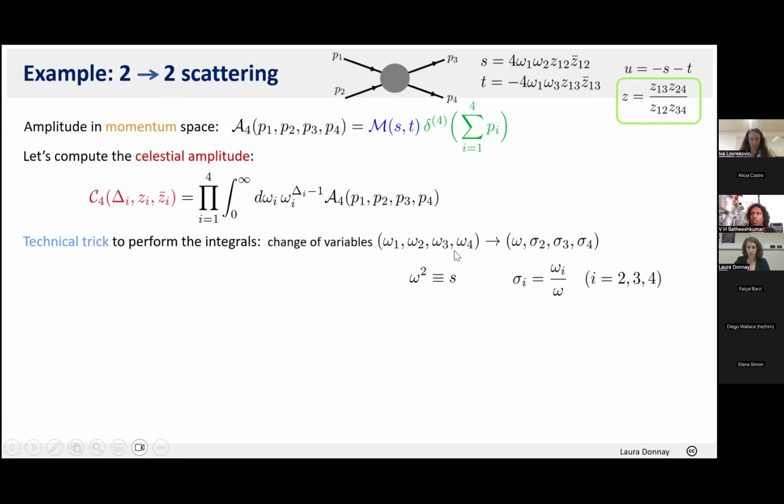Instead of working with the original omega i's, you're going to introduce omega, whose square is related to the center of mass energy S, the Mandelstam invariant that I introduced before. And you're going to introduce also the sigma i's, which are the original energies of your massless particles divided by this omega, for i equal to 3, 4.